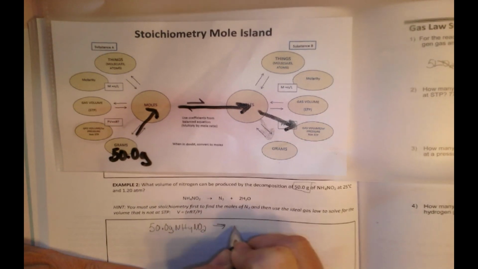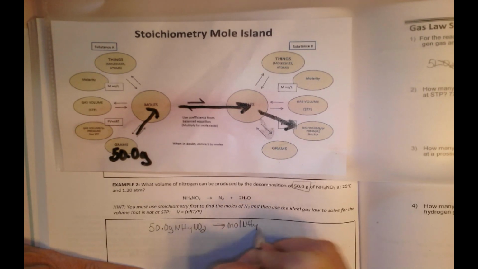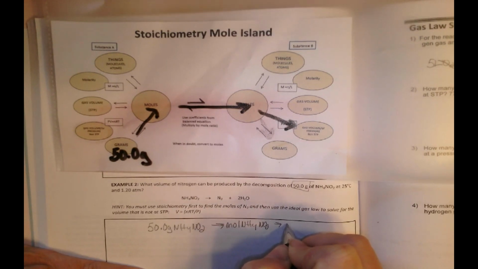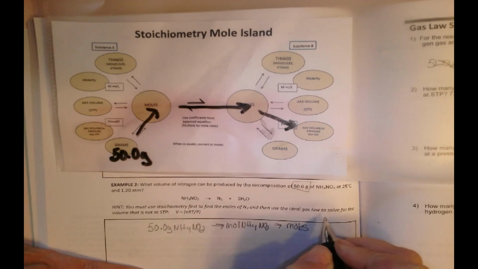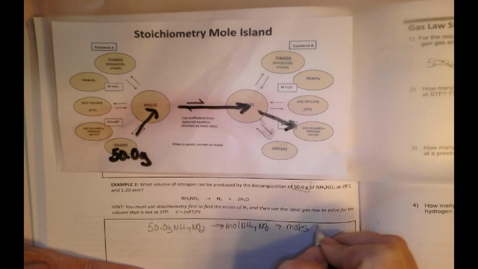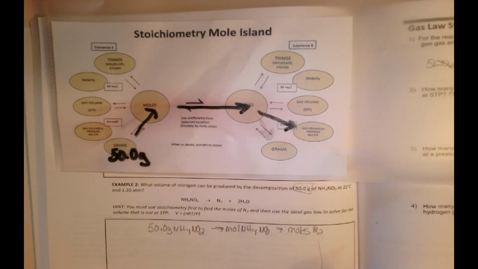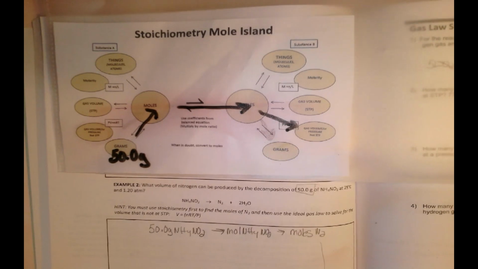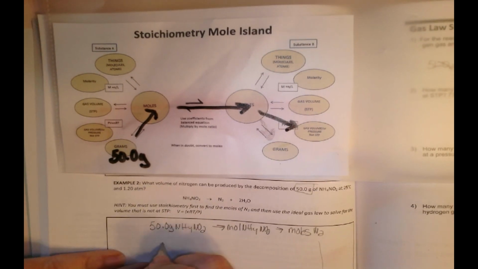And then I want to go to moles of NH4NO2, and then I want to go to moles of nitrogen, N2. And once I find moles, then I need to use PV equals nRT to find the liters not at STP. Okay, so let's start with that.